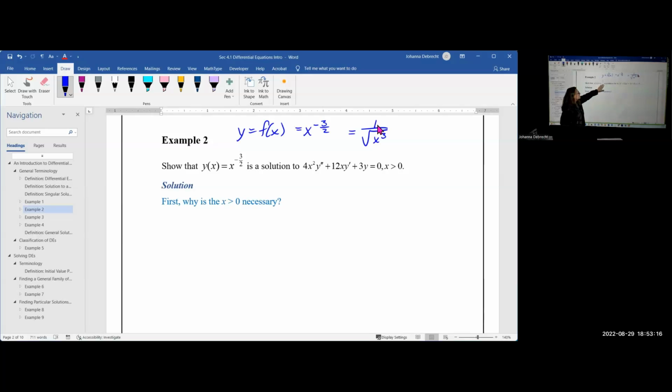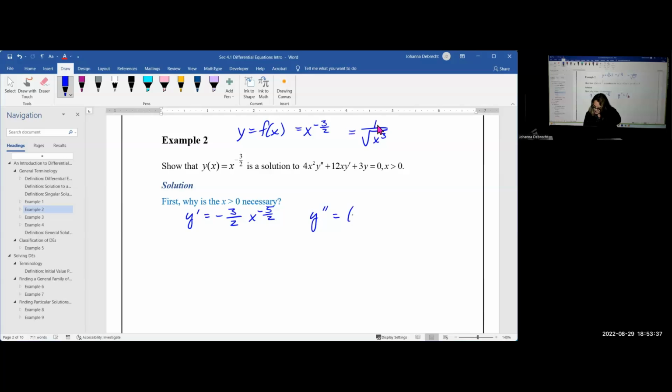So we want to show that this is a solution to that, and the first thing we need to do is find the first derivative. So we're going to find y prime by taking the derivative using the power rule. So we get negative 3/2 x to the negative 5/2. And then we take the derivative of the first derivative to get the second derivative.